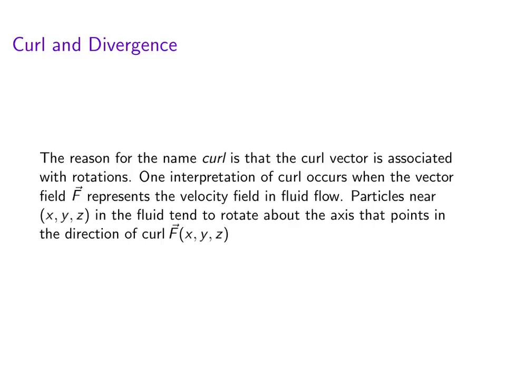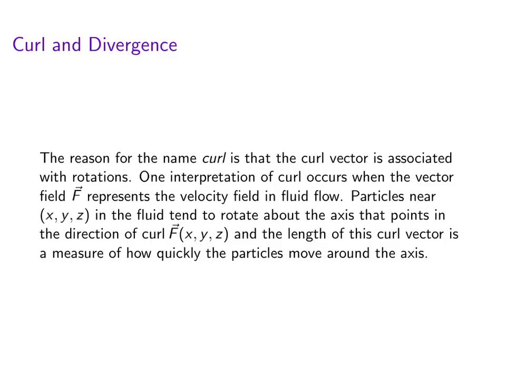Particles that are near (x, y, z) in the fluid will tend to rotate about the axis that points in the direction of the curl of f at that point. The length of the curl vector is a measure of how quickly the particles are moving around this axis. So rapidly spinning fluid will have a larger curl vector.